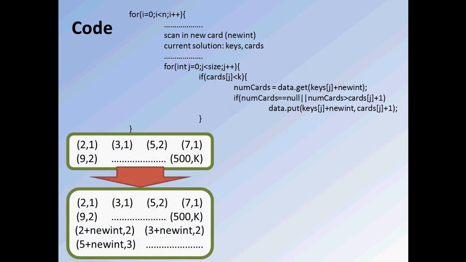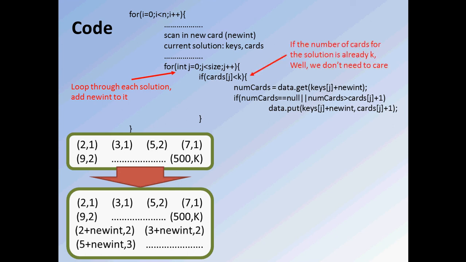We need to either choose to add the new card or not to add the new card for each of the current solutions that we already have. So we can look through each of our solutions that I had already copied out into my arrays of keys and cards.